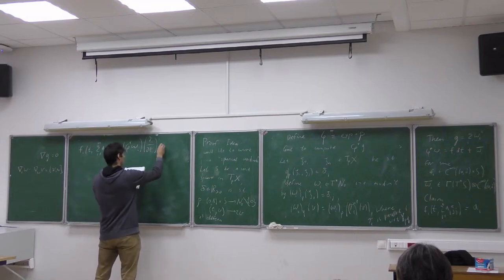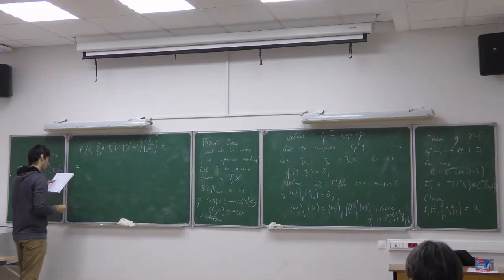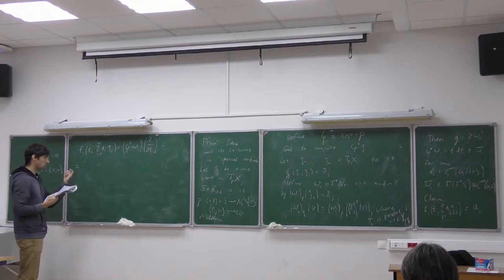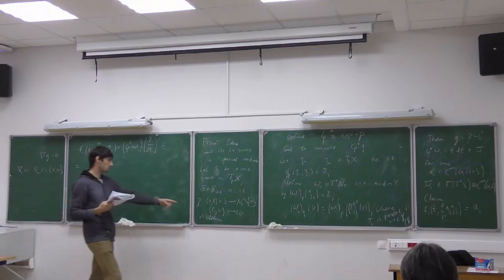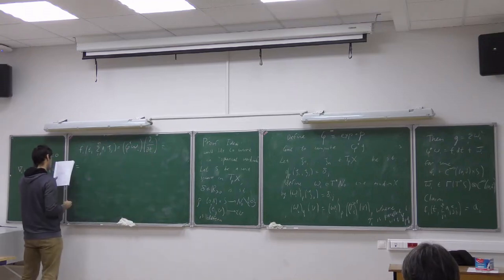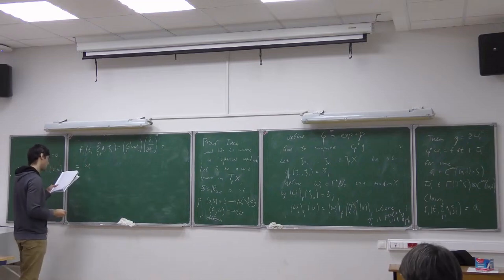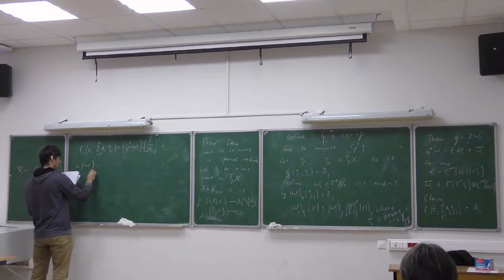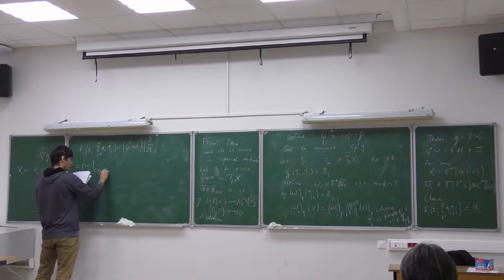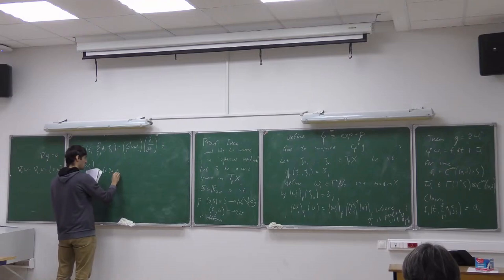Okay. So I need to recall what the pullback is. So this is the pullback with respect to the composition of the exponential map and this map. So this together gives me that this is just omega I at a point exponential of t times sum of a j xi j.